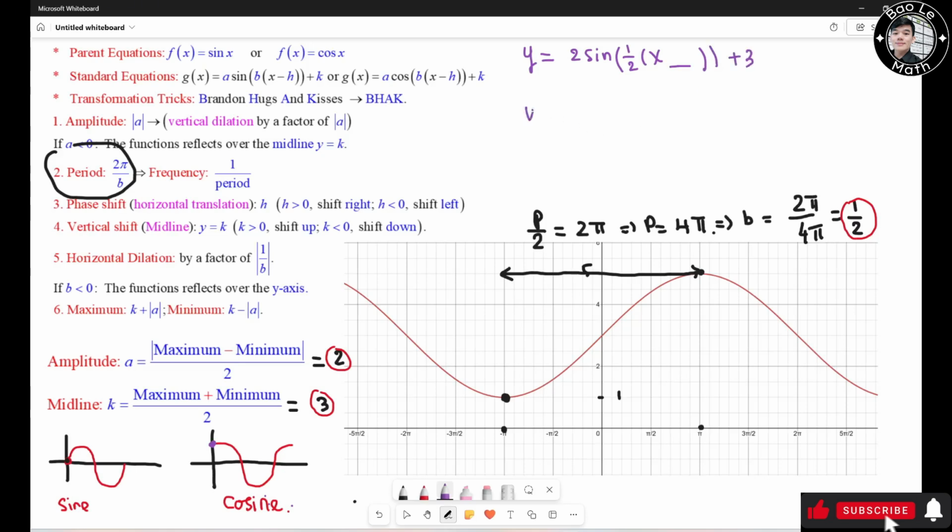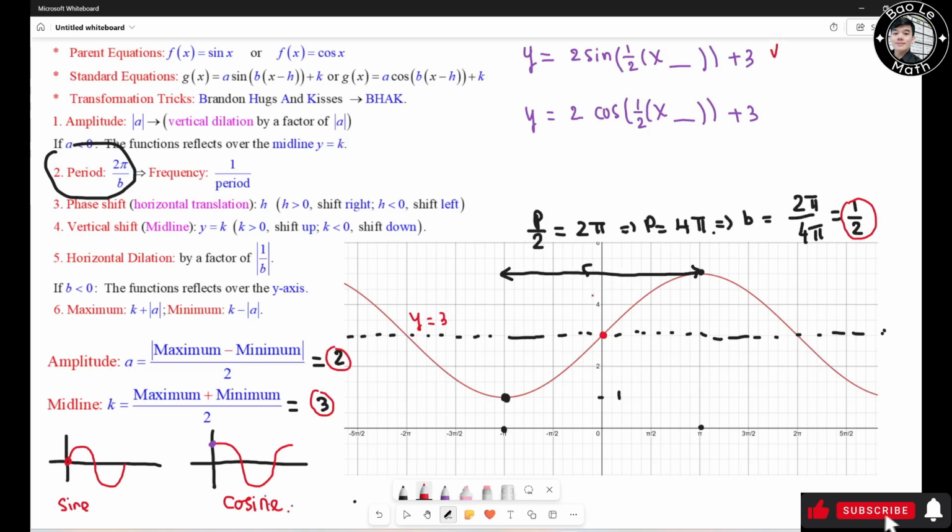And then I have y equals 2 cosine of 1/2 parenthesis x, close parenthesis, plus 3, right? Now, the sine function always starts from the midline, right? So if you start from here, then the phase shift should be 0, right? So we don't need anything right here. We just leave it plain.